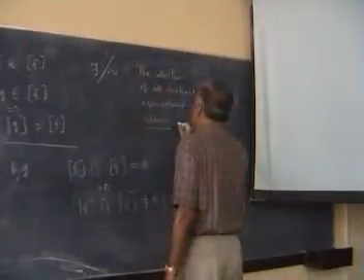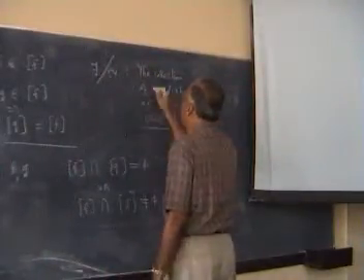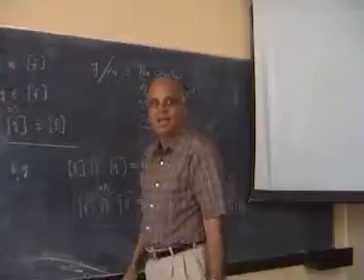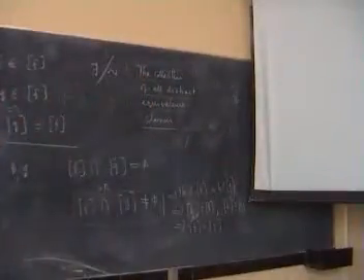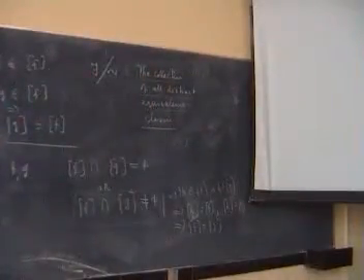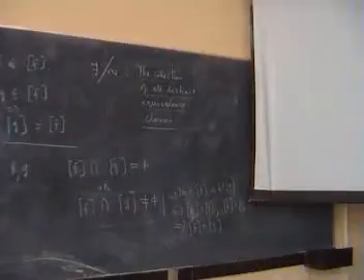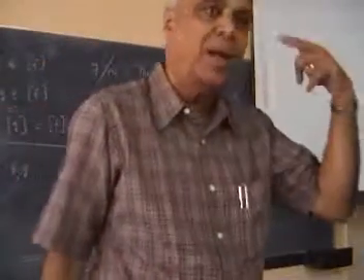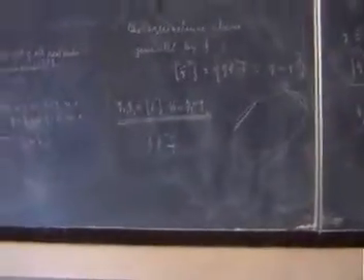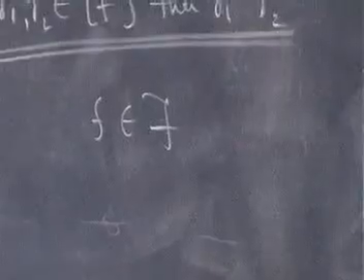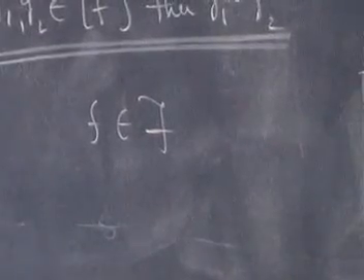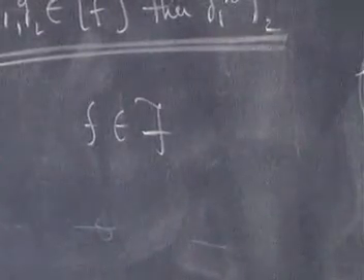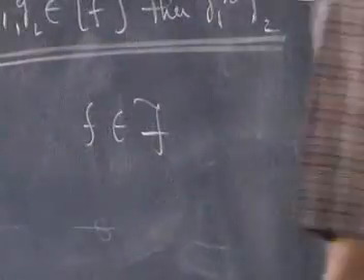The collection of all distinct equivalence classes we denote by F tilde. So from now on, when I say f belongs to F, I am really looking at the entire equivalence class and taking little f to be the representative of that. That's all.